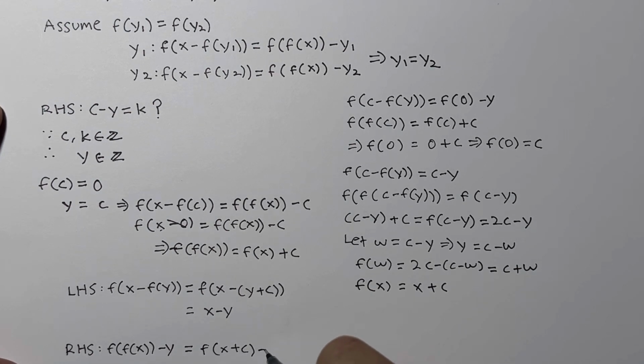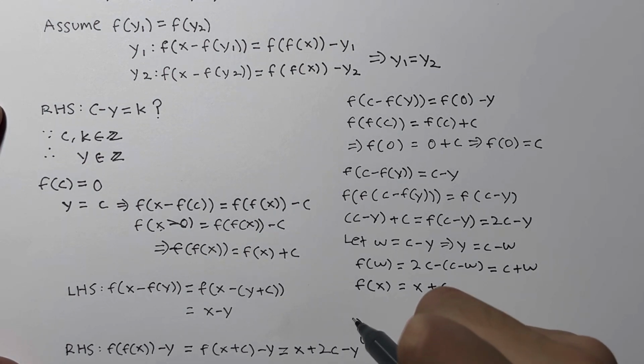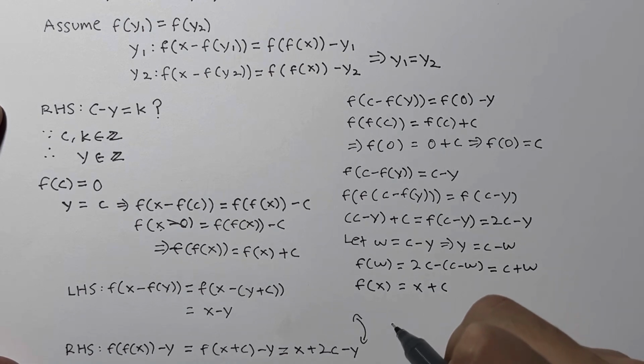And then this will equal x plus c in parentheses, plus c, minus y. So it equals x plus 2c minus y. So the only possible choice after comparing these two expressions will be c equals 0.